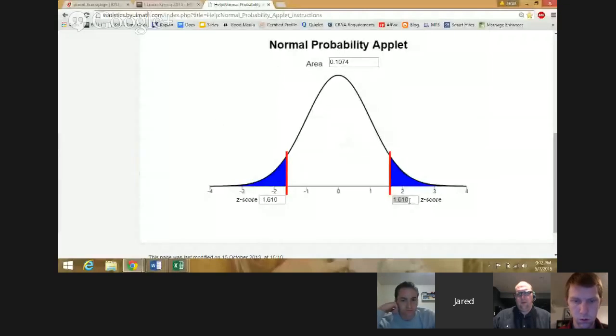I just typed in 1.61, and we want to know the area above, which will be 5.4%.